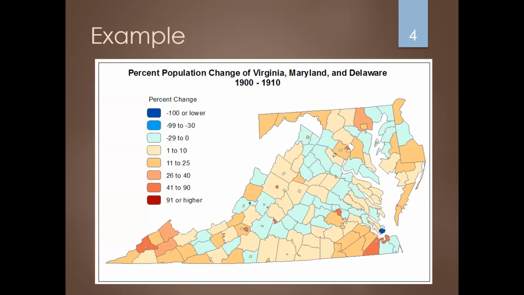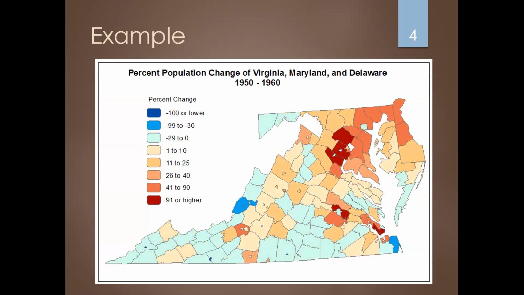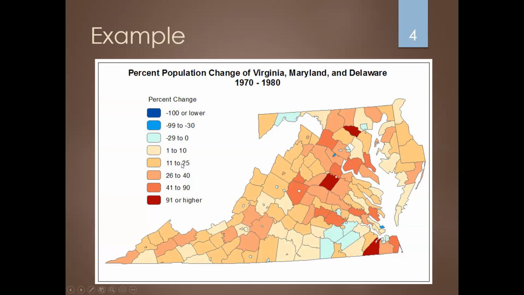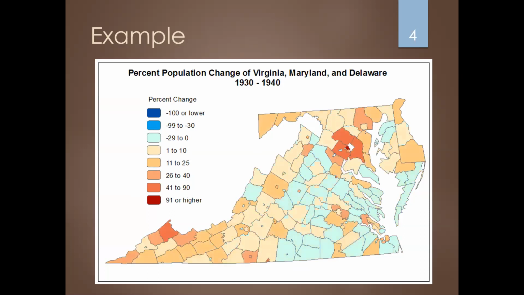For example, percent population change, not population but population change, of Virginia, Maryland, and Delaware in different decades. The same mapping strategy has been used for different decades. Here is the legend, and for a specific decade, that map will stay there for several seconds and then jump to the next decade and repeat this process.